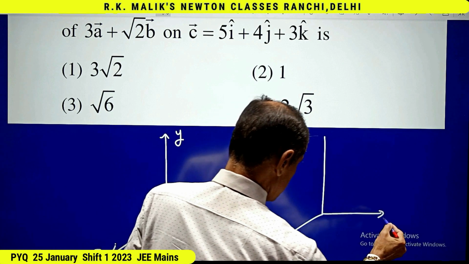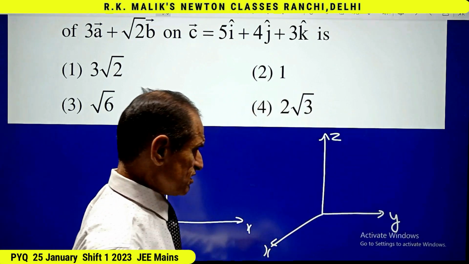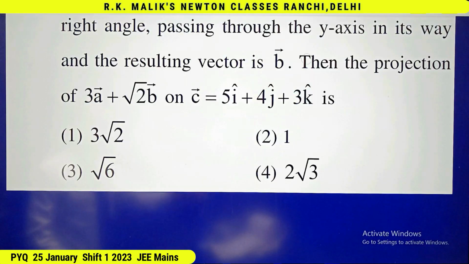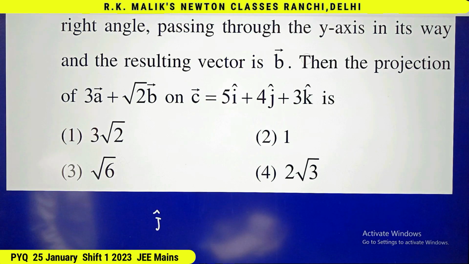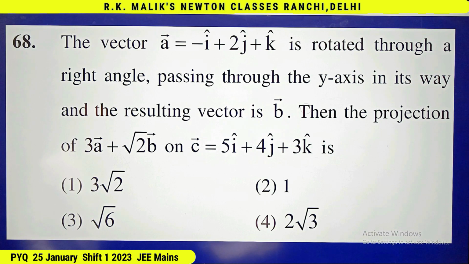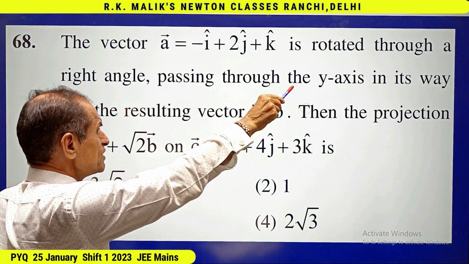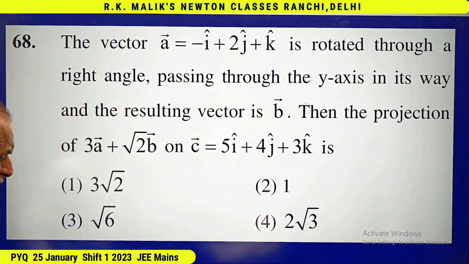If I take this as x-axis, this as y-axis, then I can take this as positive z-axis. Note that a vector along the y-axis is j. Actually, I can take any vector along the y-axis, because I want to find a vector which is coplanar with this vector and the y-axis, that is the j vector, and is perpendicular to A vector.